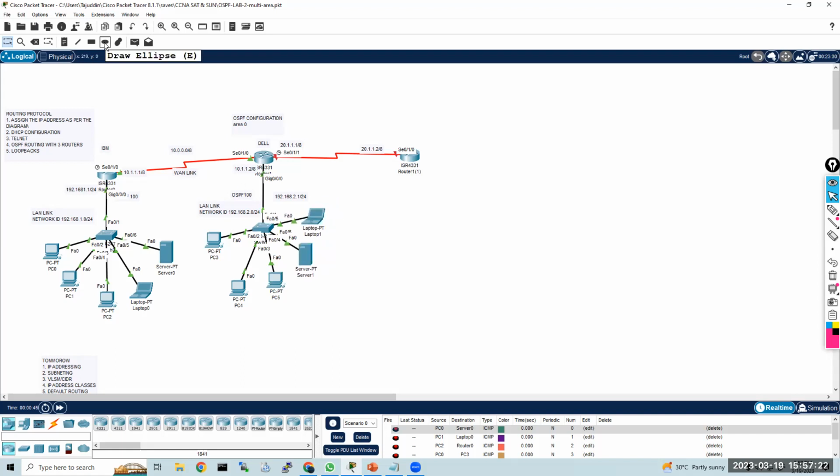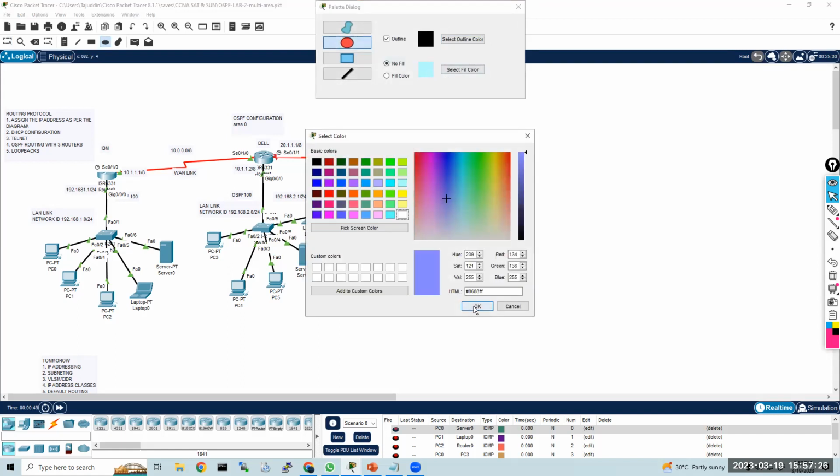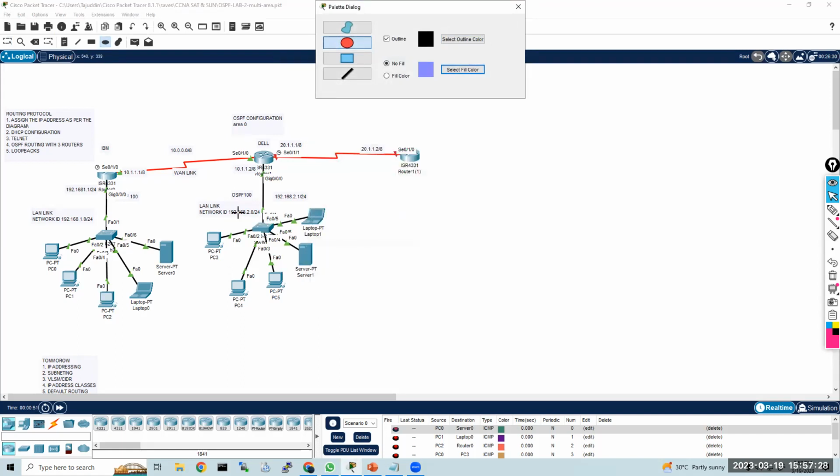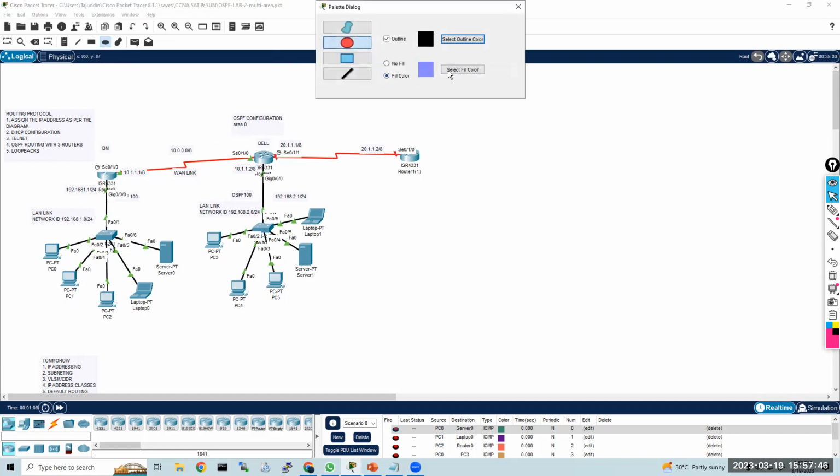Let's put some colors. Okay, so up to here, these guys belong to area 0. I have not selected the color.